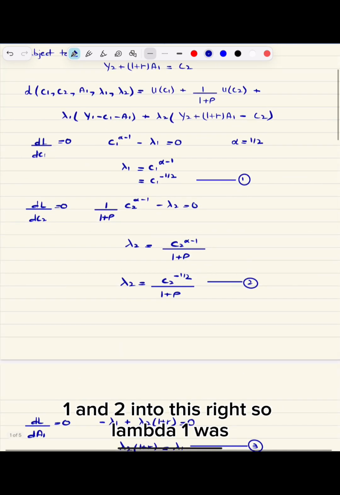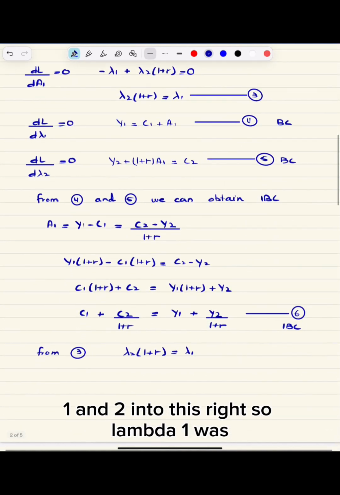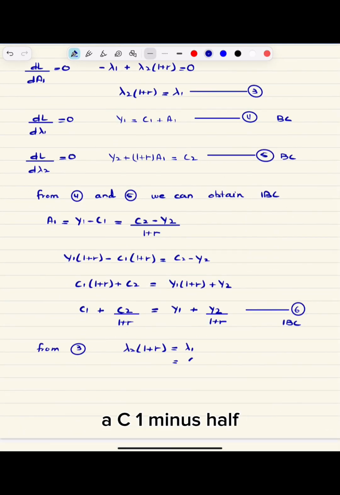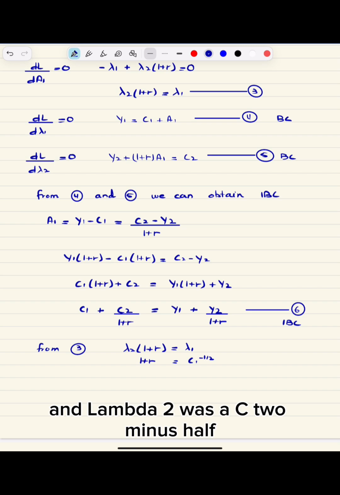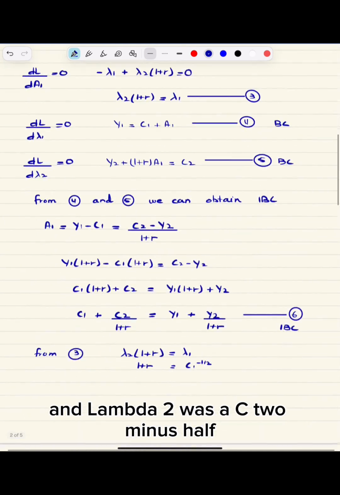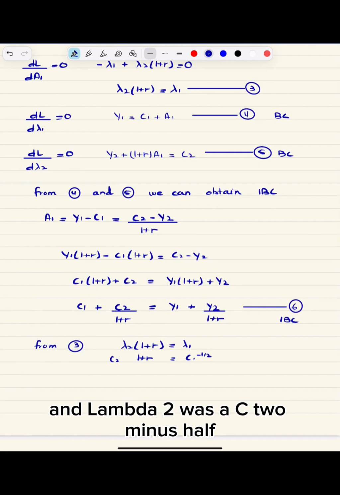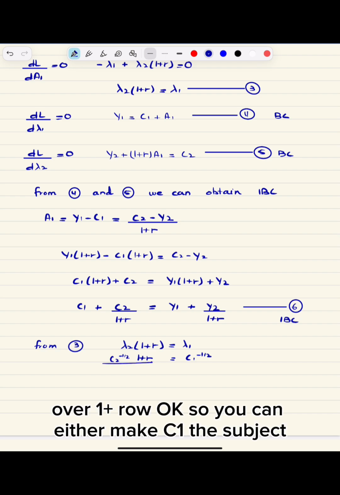So lambda 1 was c1 to the power minus half, and lambda 2 was c2 to the power minus half over 1 plus rho.